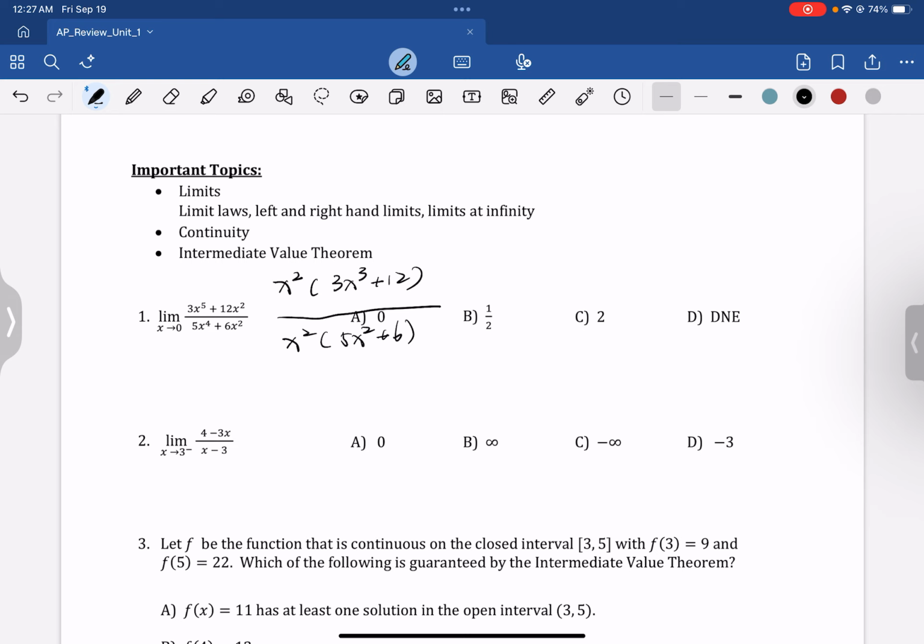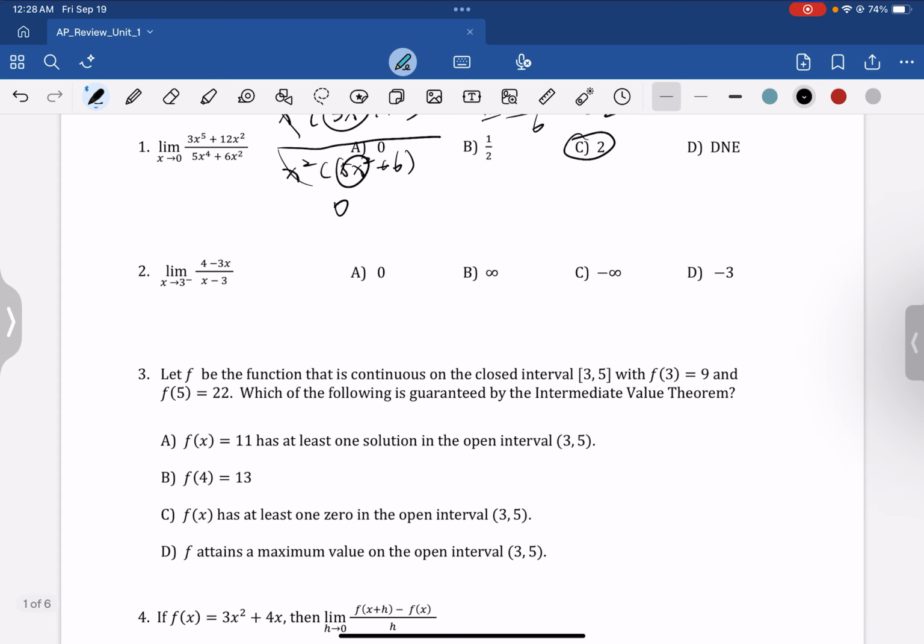So x squared eventually cancels out, and that's what we're left with. This time we can directly substitute because it doesn't give us 0 over 0 again. We plug 0 into the function, this term is 0, this one's 0 also, so we get 12 over 6, which is 2. So for this question, we choose C.